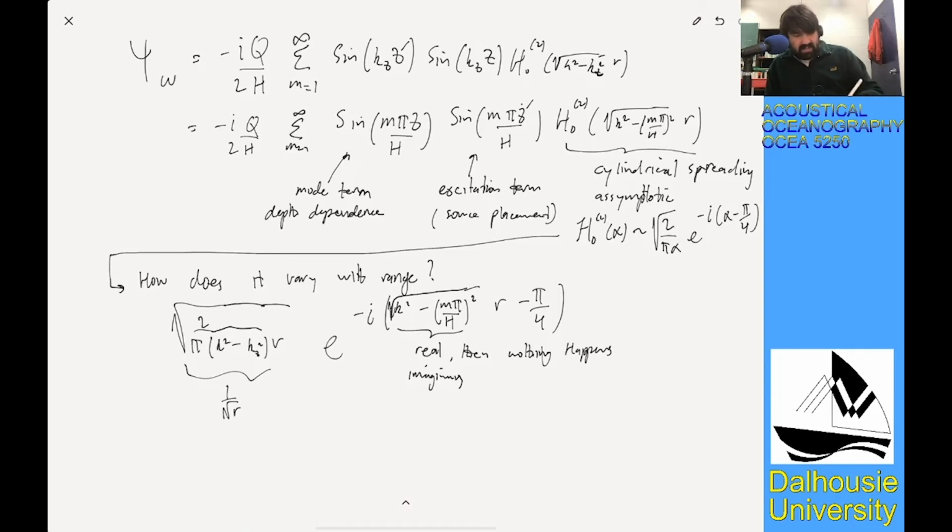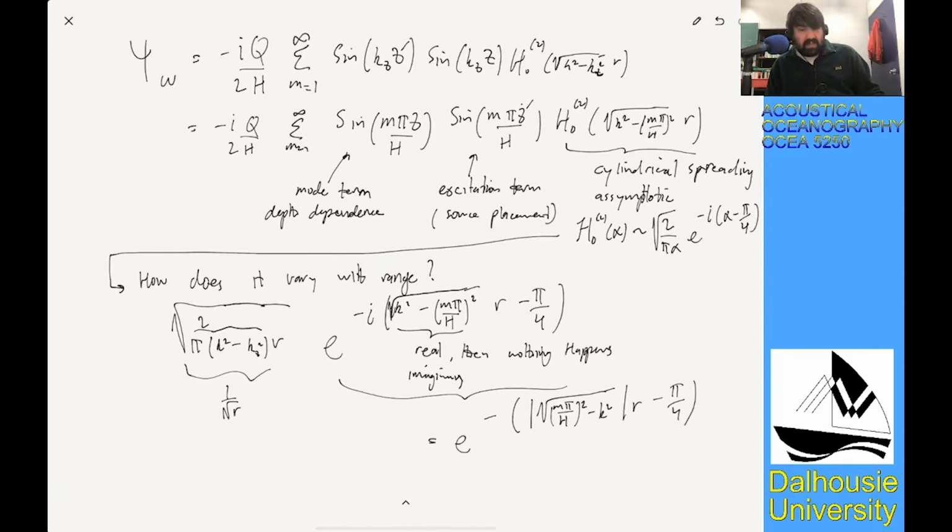So let's write the second term here, as equal to minus the absolute value of kz squared minus k squared, right? So switch the order of the terms, and then r minus pi over 4, okay?